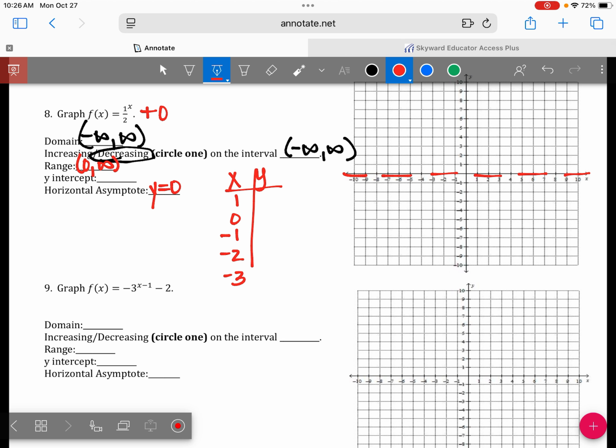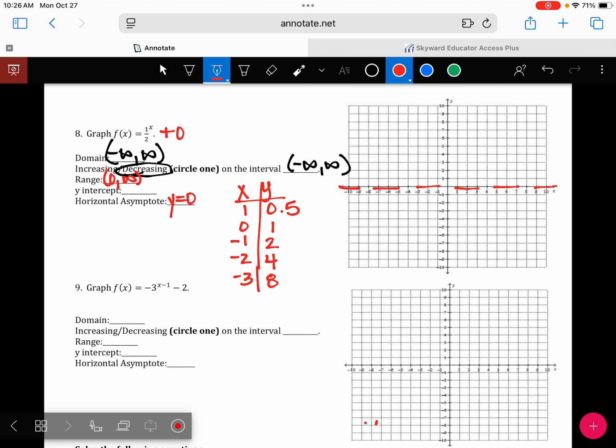If you were to type this in your calculator, you would get 1/2 to the power of 1 is going to be itself. I'm going to actually write it as a decimal. And any term to the power of 0 is 1. So 1/2 to the power of -1 is 2. 1/2 to the power of -2 is 4. And 1/2 to the power of -3 is 8.